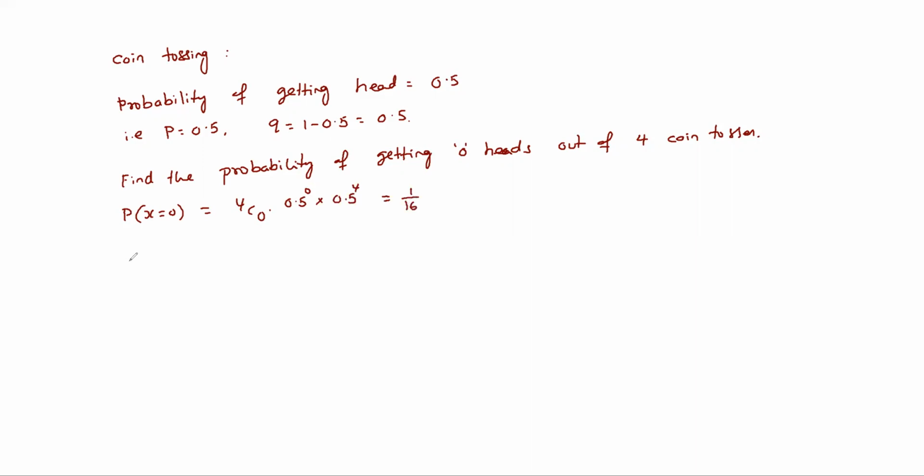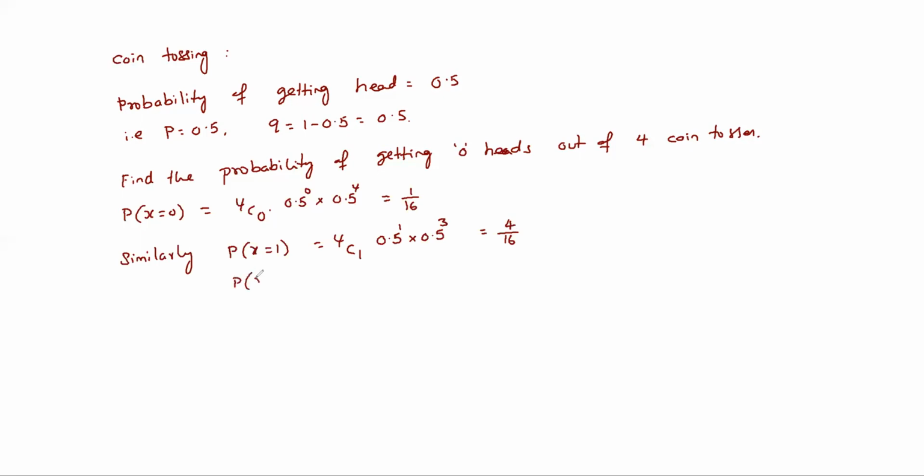Similarly, what is the probability of getting 1 head out of 4 tosses? X equal to 1 means 4C1 times 0.5 to the power of 1 into 0.5 to the power of 3, which is 1 by 4, right? 4 by 16, right?